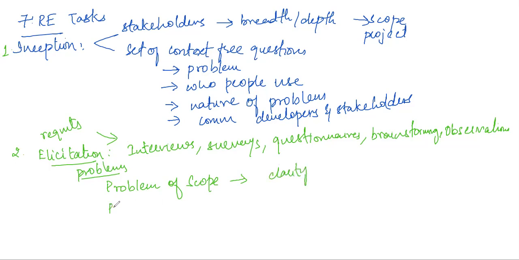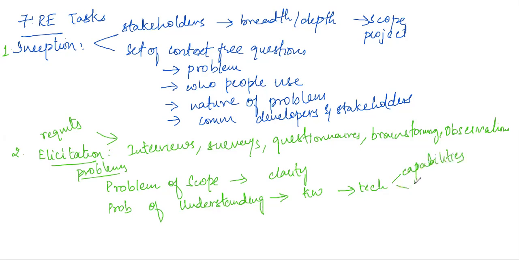Then the next one was the problem of understanding. Now, in this problem of understanding, the end user does not have proper knowledge about the different technical features, about the different prospects, and what are the different capabilities or the limitations. He does not know the capabilities and limitations of the specific technology.